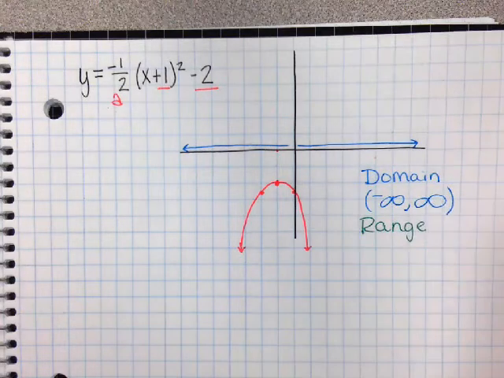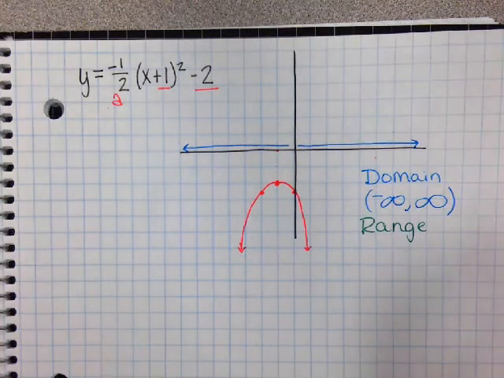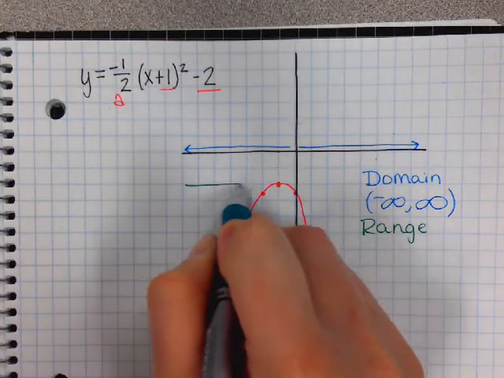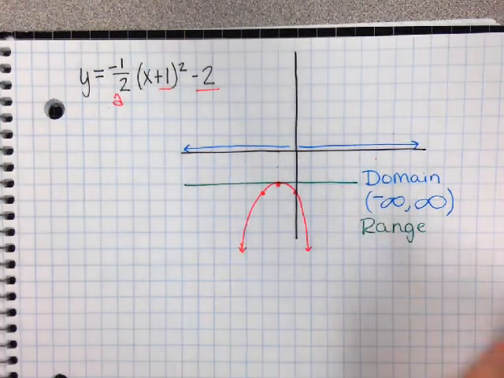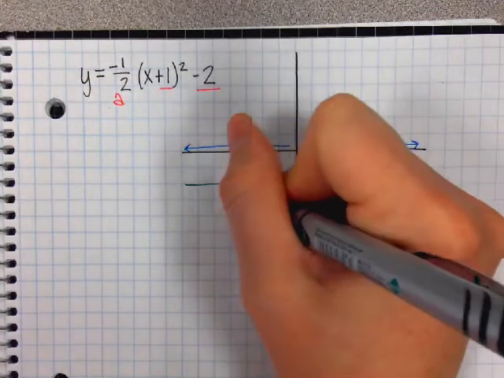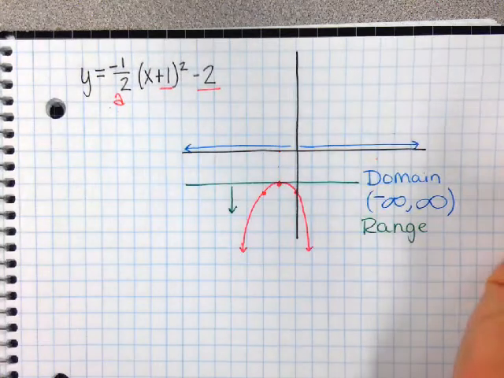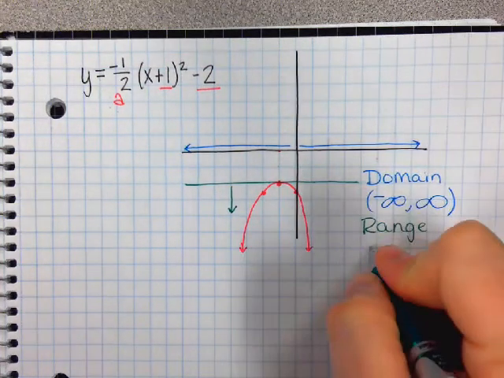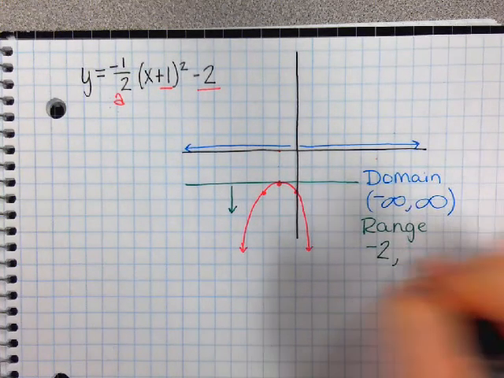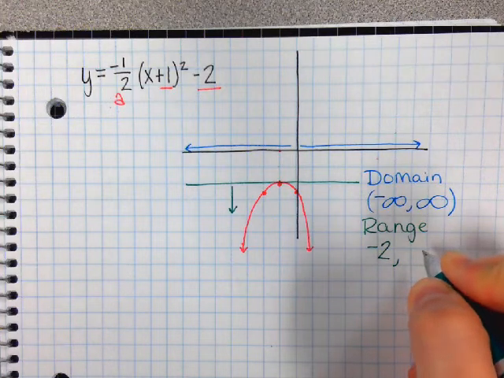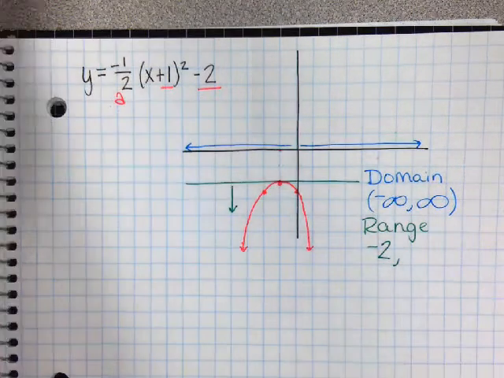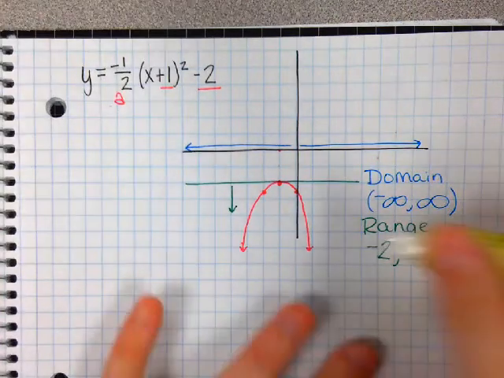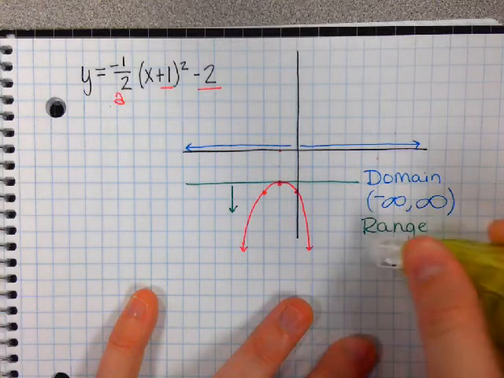And then the range. If you look, this is where it starts, and then which direction does it go? It goes down. So it would start at negative 2 and go to, no, I'm sorry, I'm writing that backwards.